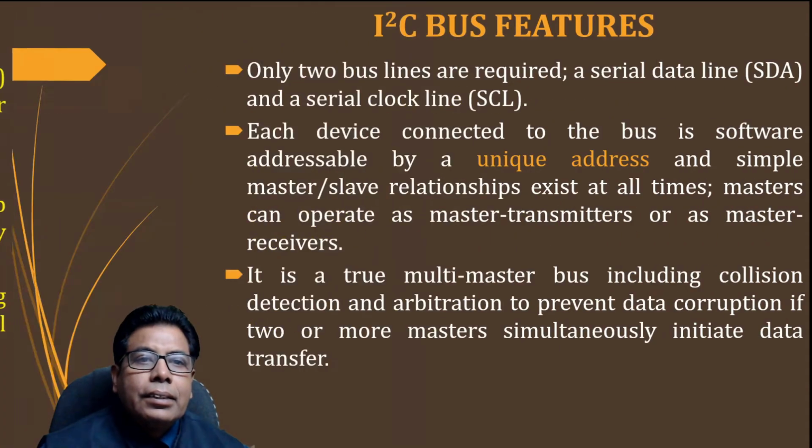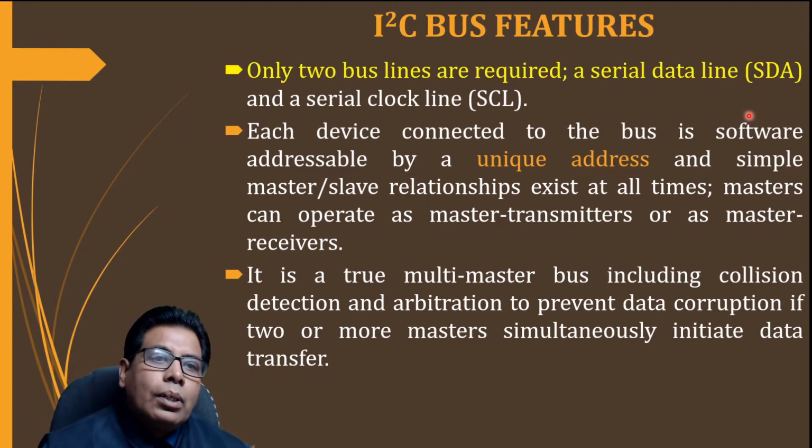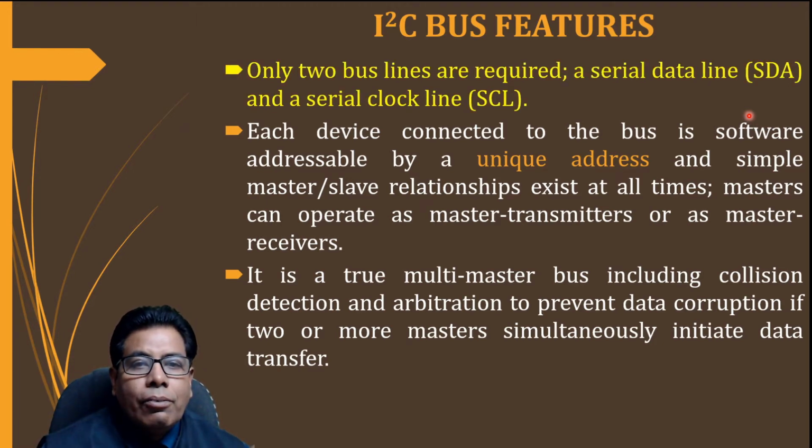Then let us see the features of I2C bus. Only two lines are required. One is the serial data line SDA and the other is the serial clock line SCL. These two lines are sufficient for communicating with the different devices.